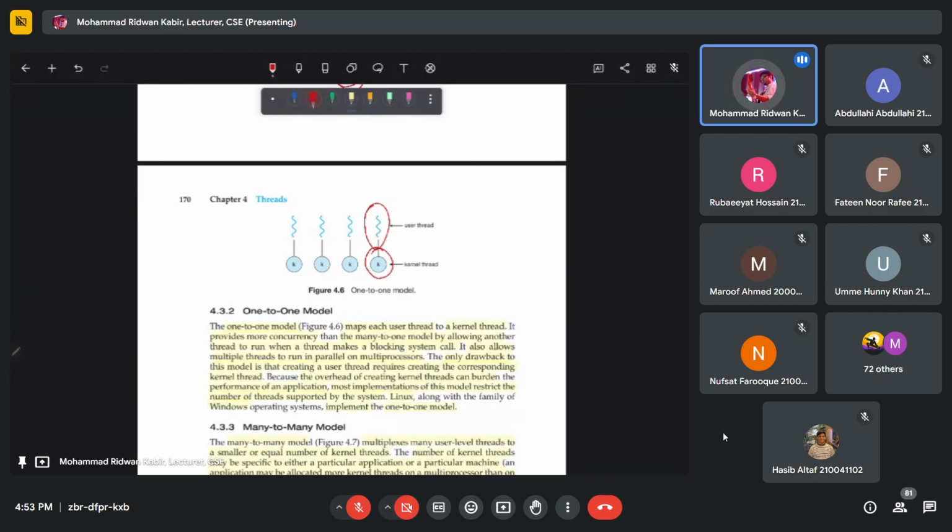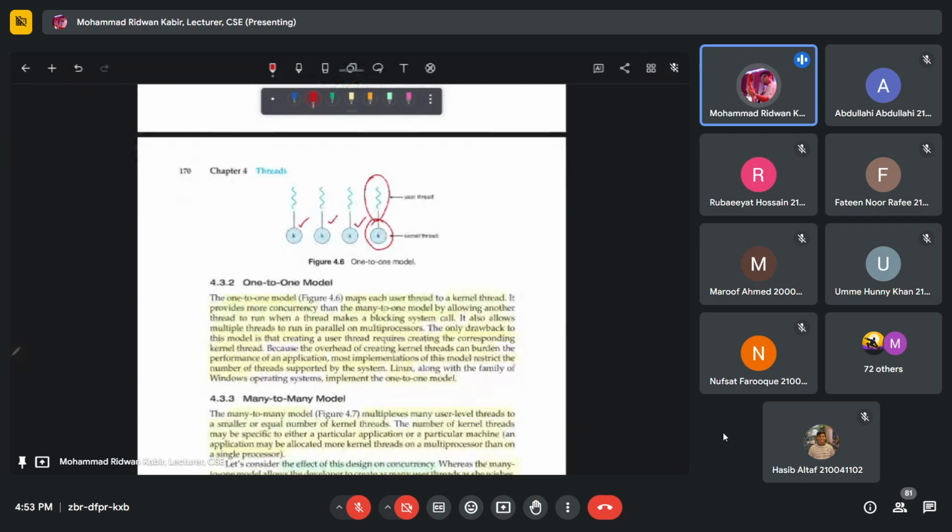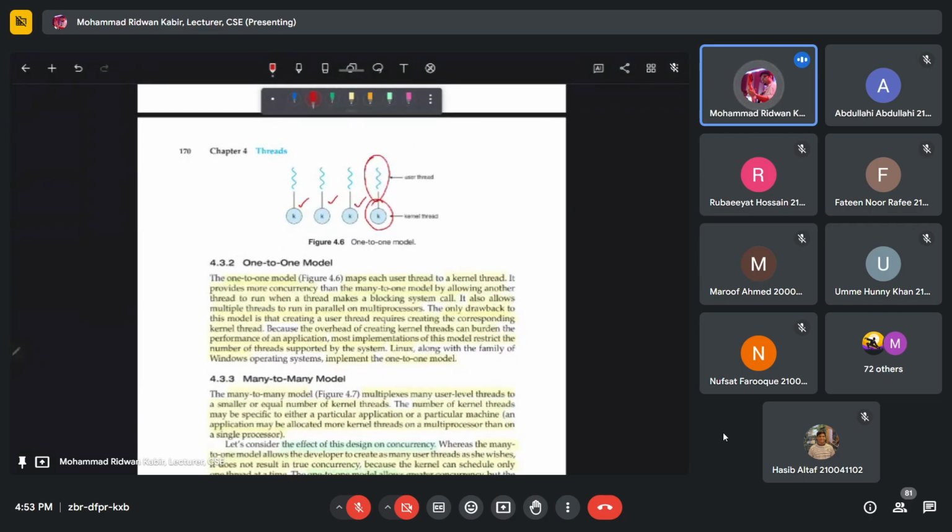However, it creates overhead. What kind of overhead? The overhead of creating as many kernel threads as the number of threads that you have. So it basically inhibits the performance of the system, right?